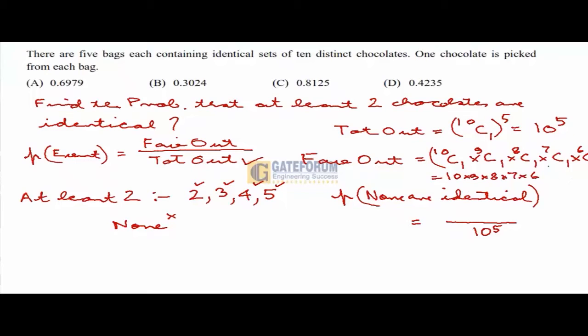So let us put that. That would be 30240. So I will say that the probability that none are identical is 30240 divided by 10 to the power 5.